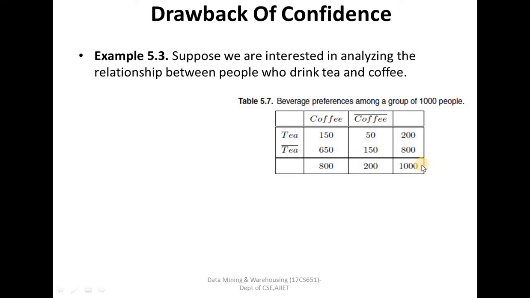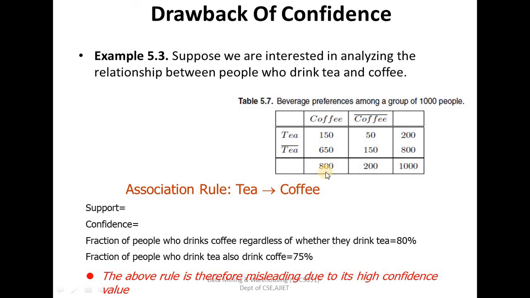So 1000 is the total number of people, and 200 is the support count of tea, and 800 is the support count for coffee. Suppose we have the association rule, tea implies coffee. That is, if a person drinks tea, then he will also drink coffee.